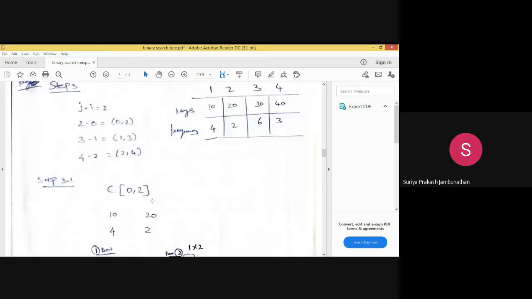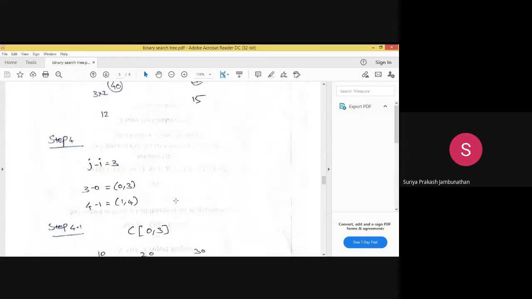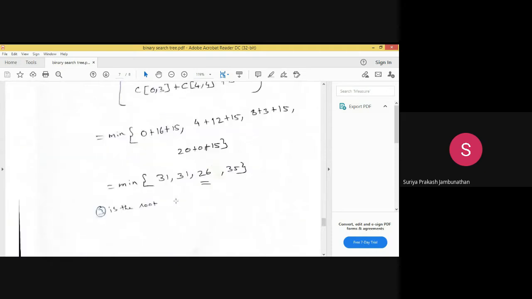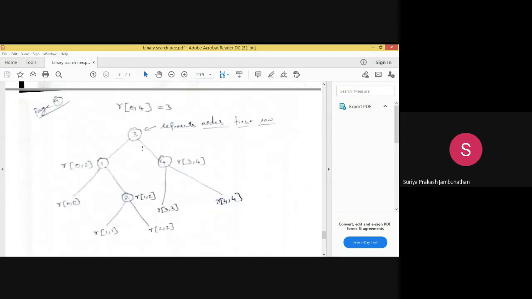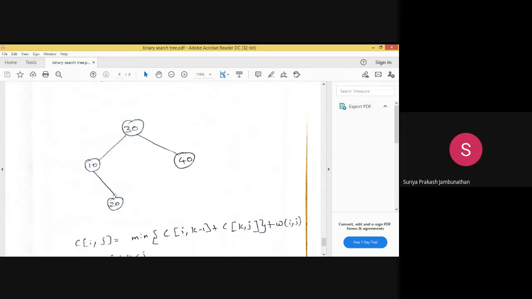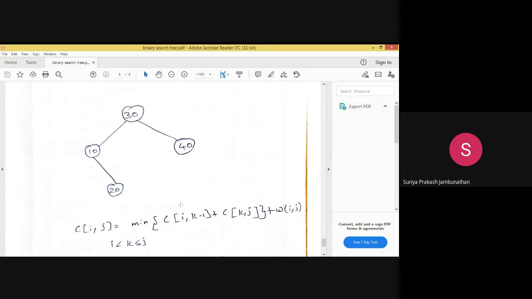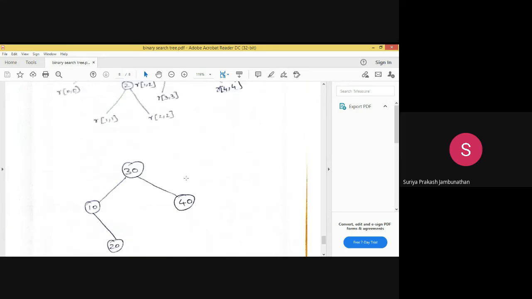So 30 will become as 3. So for 3 we are substituting 40, for 2 we are substituting 20, for 1 we are substituting. So with use of this formula we identified everything and we identified the final solution.